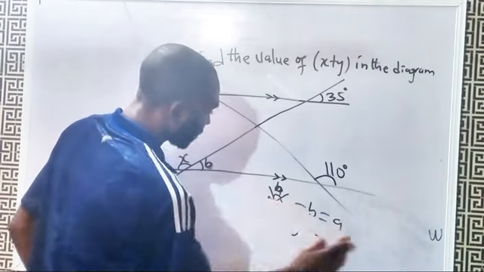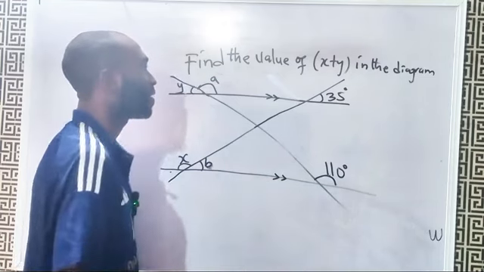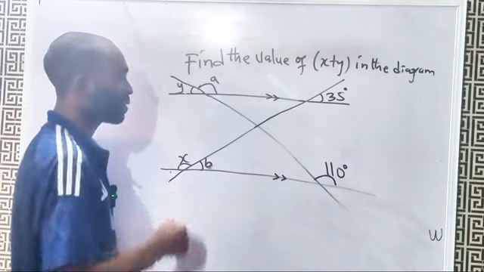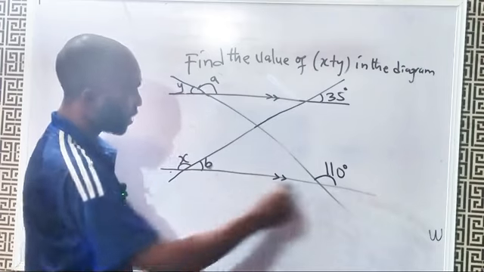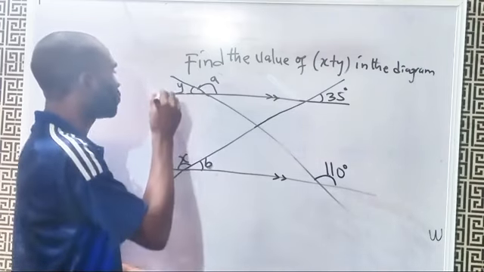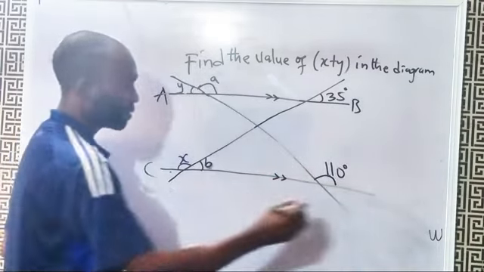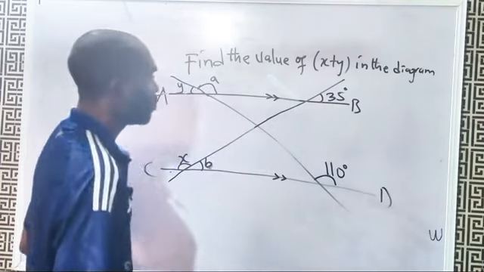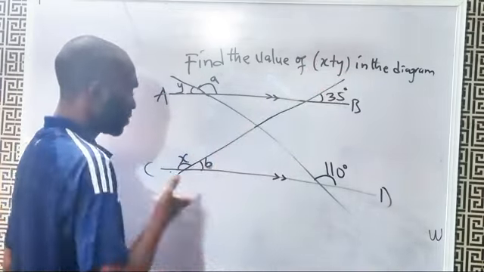So let's use this ideology to solve this particular problem we have on the board. The question says we should find x and y in this diagram. If you look at it here, these two lines are parallel. Let's name it A, B, C, and let's name this one here D. A transversal is drawn here to cut.